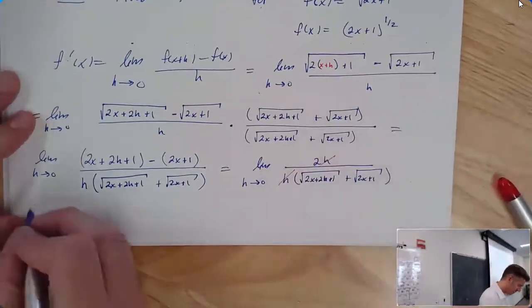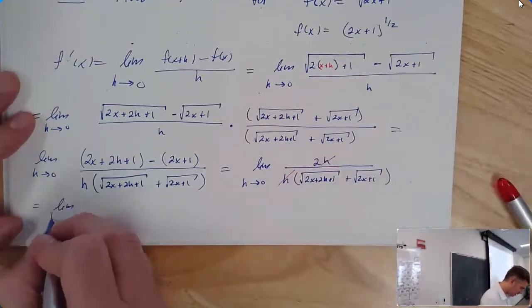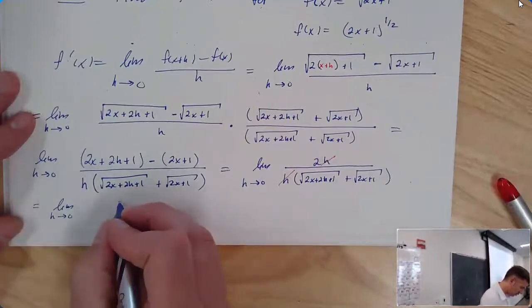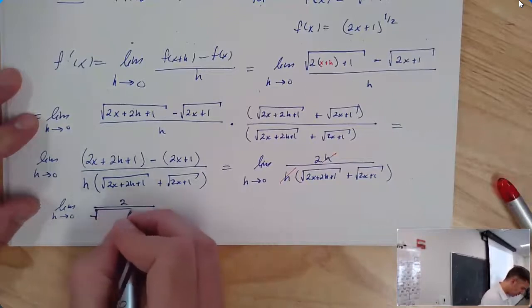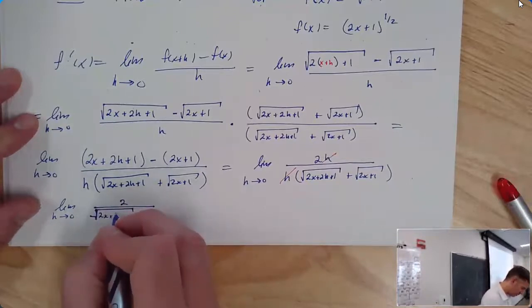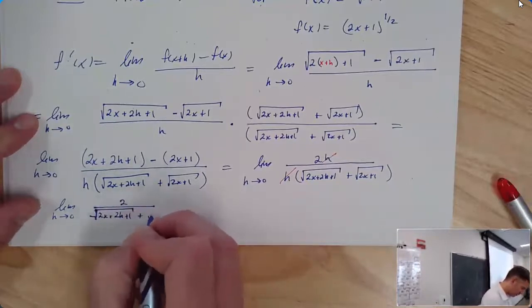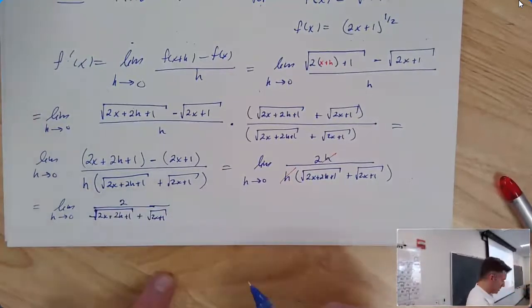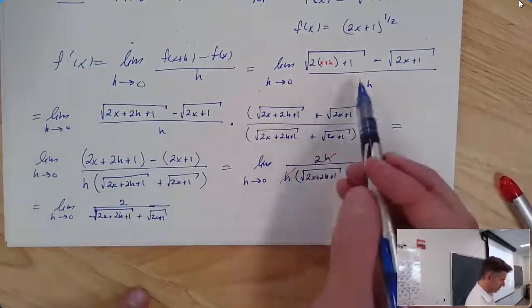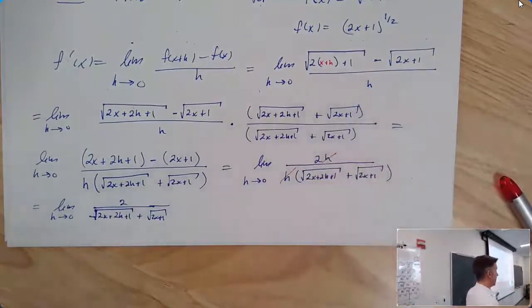So we're left with the limit as h goes to 0 of just 2 over the square root of 2x plus 2h plus 1 plus the square root of 2x plus 1. And finally, we have gotten rid of that first initial h in the bottom, and now we can substitute in 0 for the rest of the h's.